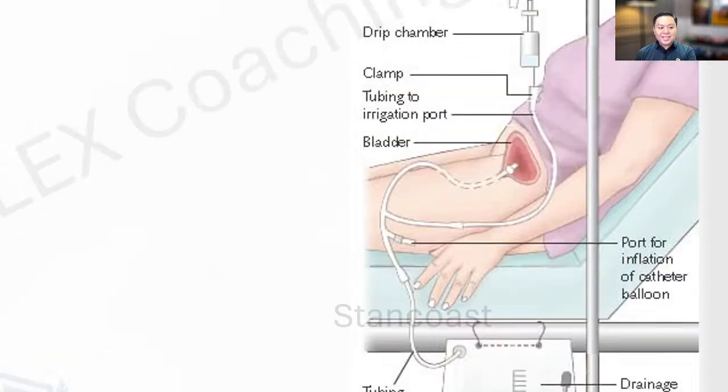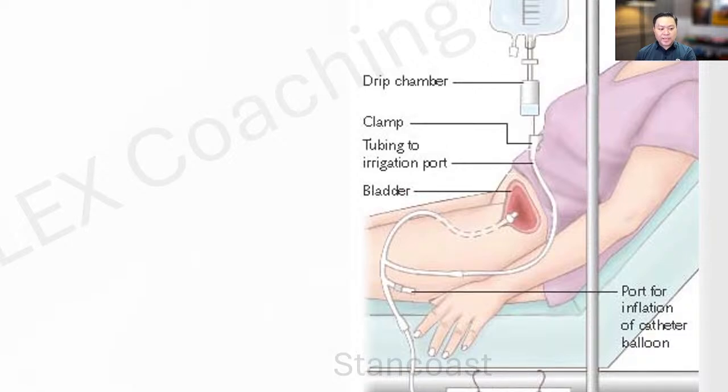Now, guys, this picture is not really that perfect. In this section where the tubing is, it should have had a tape that secures it to the abdomen or the thigh in order to prevent untoward dislodgement, or movement of the catheter.